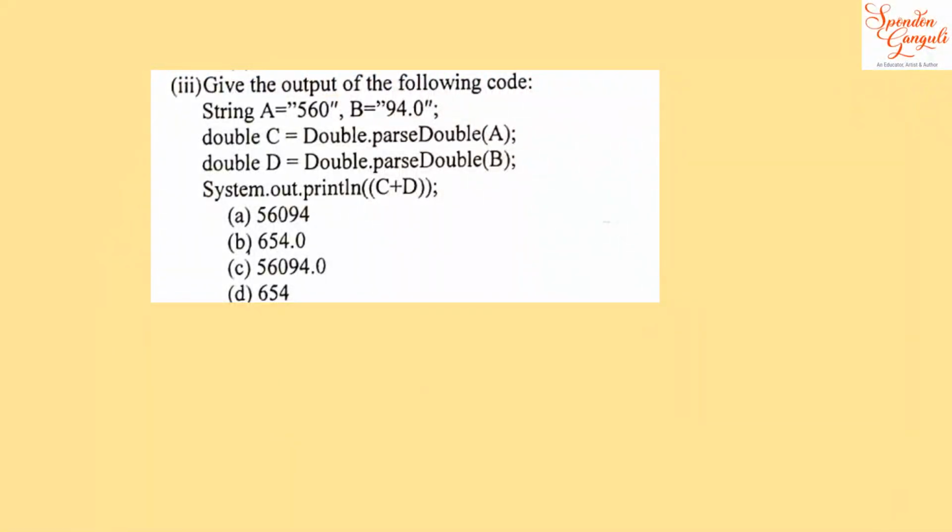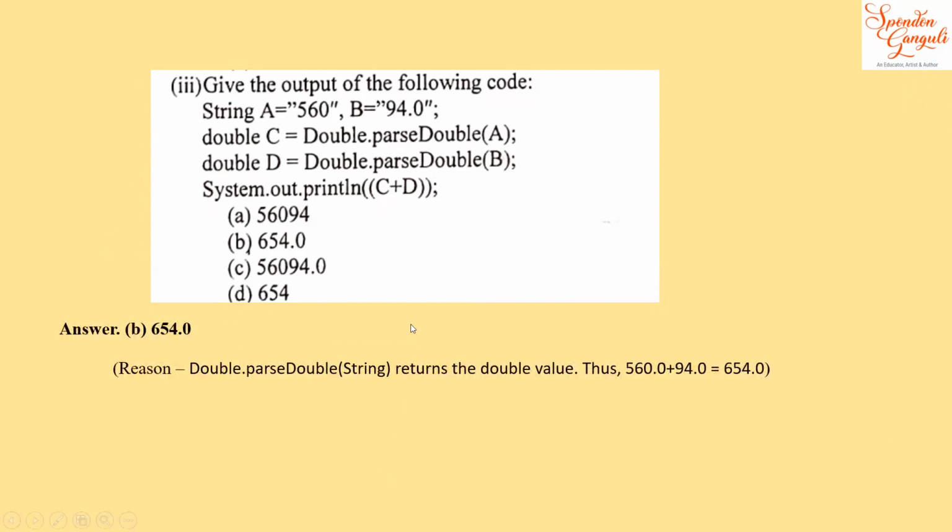Let's see the correct answer. Now, what does parseDouble do? It converts the numeric part of the string to double data type. Thus, you are getting 560.0 plus 94.0, which is 654.0.